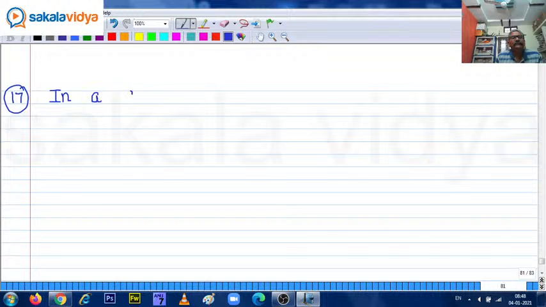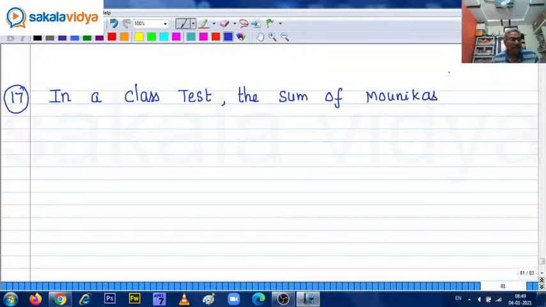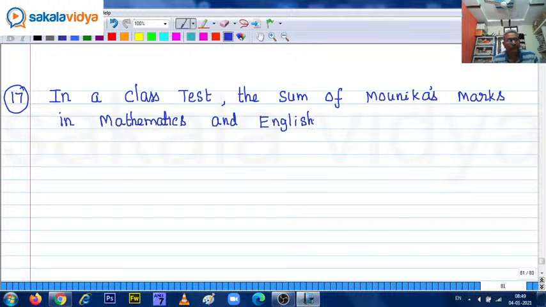In a class test, the sum of Mounica's marks in mathematics and English is 30.